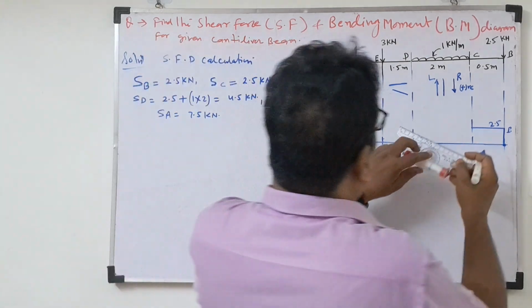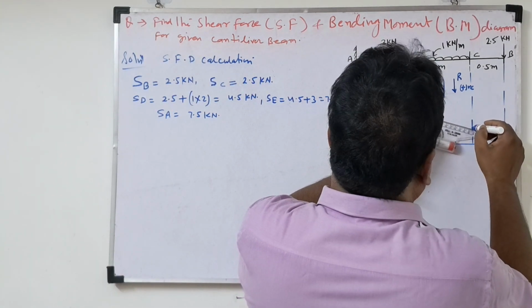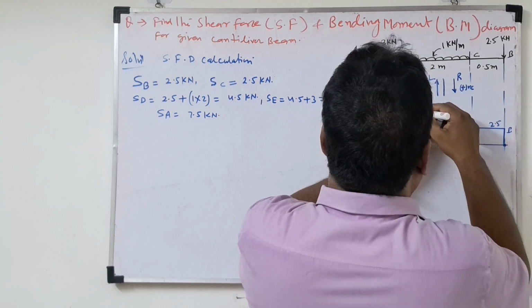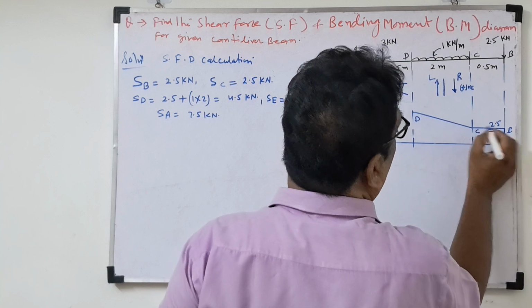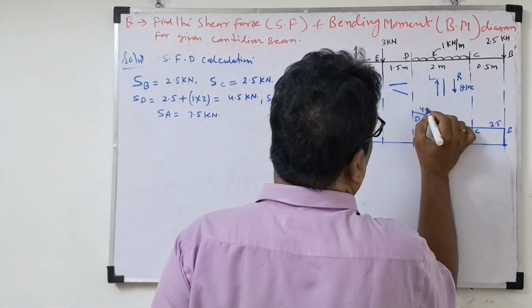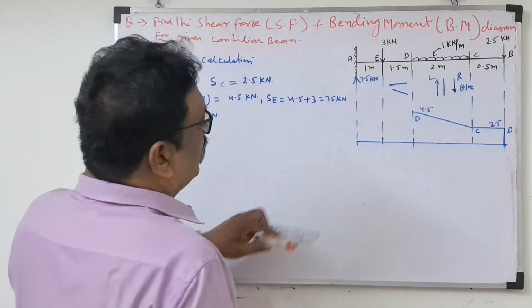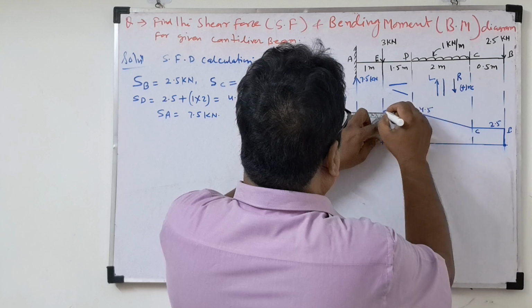So here we draw an inclined line. This point is C, this point is D. C is 2.5. Shear force at D is 4.5. Now in between E and D there is no load, so also a horizontal line.